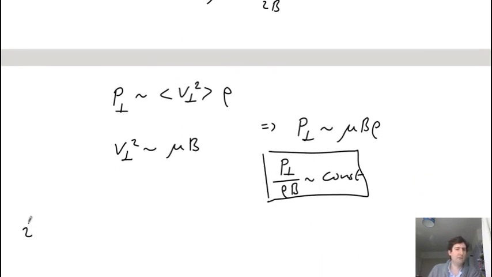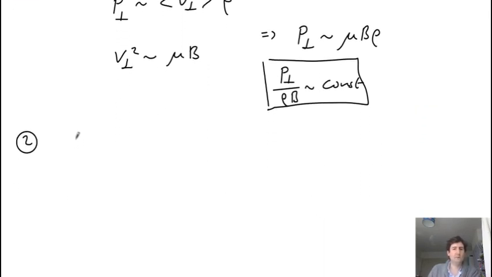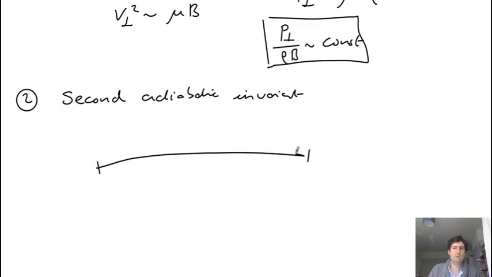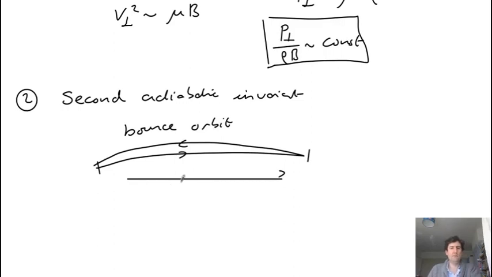The second one is more difficult, so I'll write this out here. The second adiabatic invariant is related to the bounce time between 2 points. This is if you have a particle moving along the magnetic field between 2 bounce points, so it's just some kind of a bounce, and some kind of distance L along here.